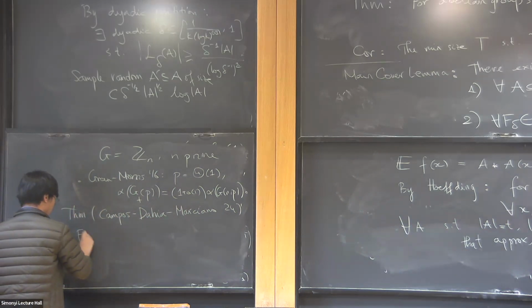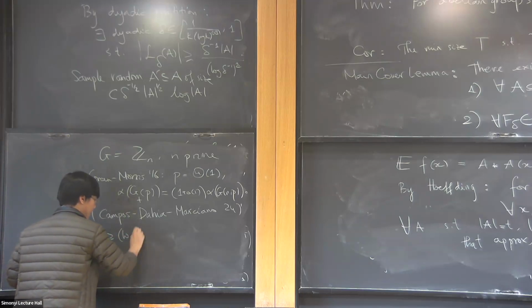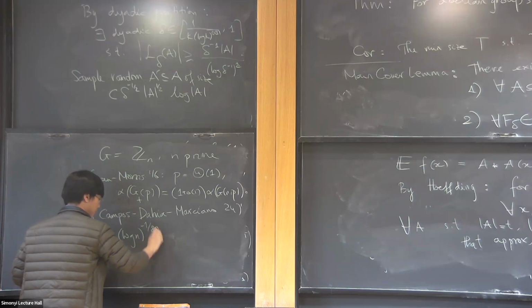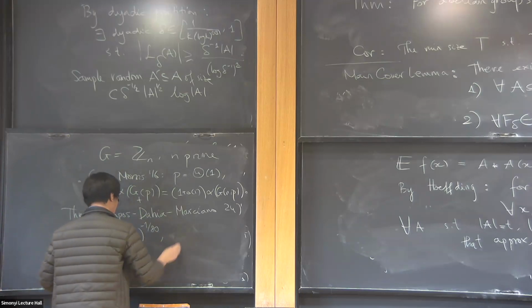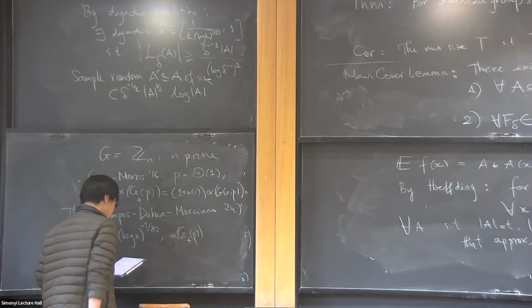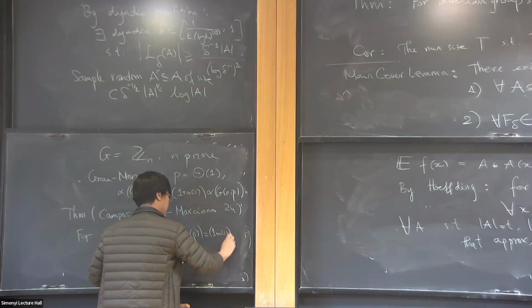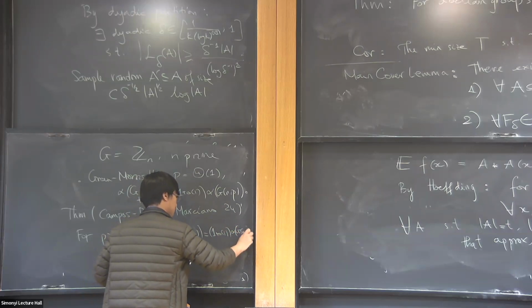So for p at least something like log n to the minus 1 over 80, the independence number of the Cayley sum graph of Z mod n is 1 plus o(1) times the independence number of the Addition analog.